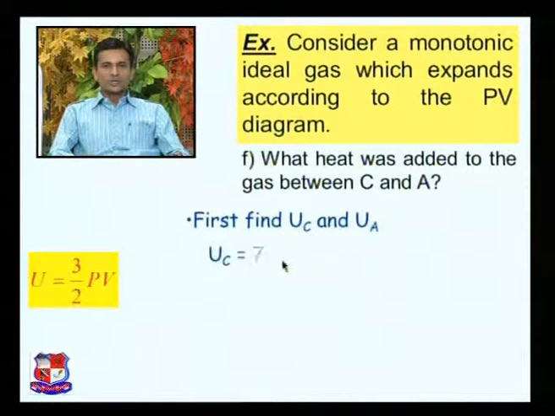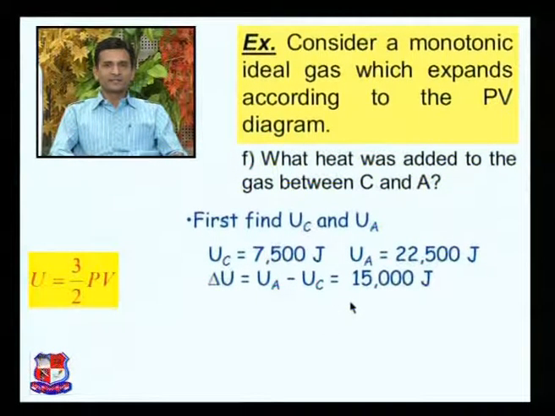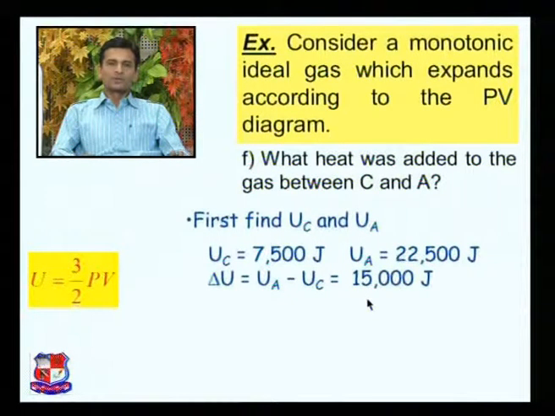So find out UC and UA. UC is equal to 7,500 joule, UA is equal to 22,500 joule, and hence delta U is equal to UA minus UC, that is 15,000 joule, and it's positive. It means that there is increase in internal energy.